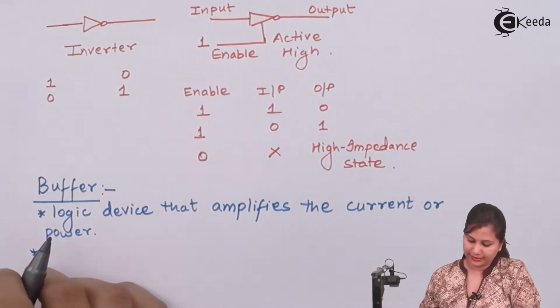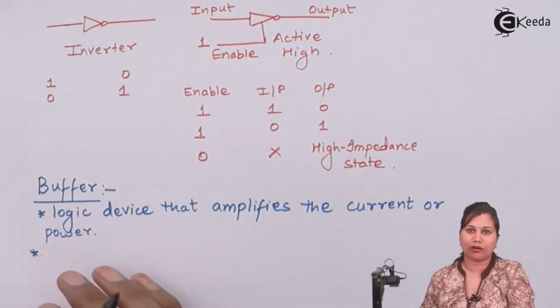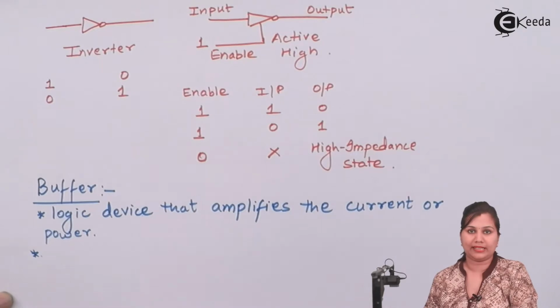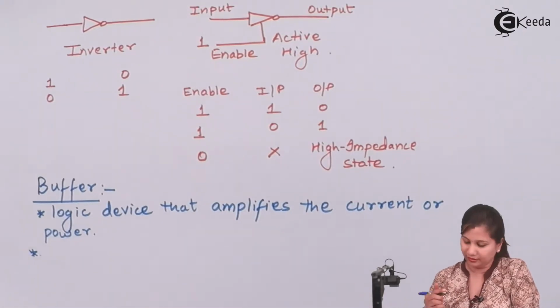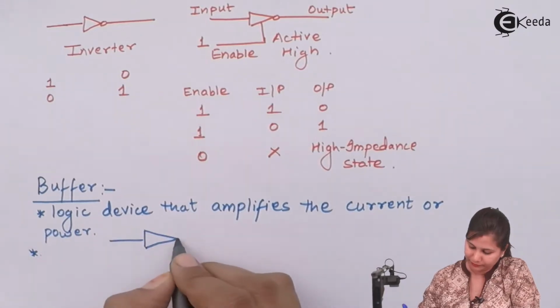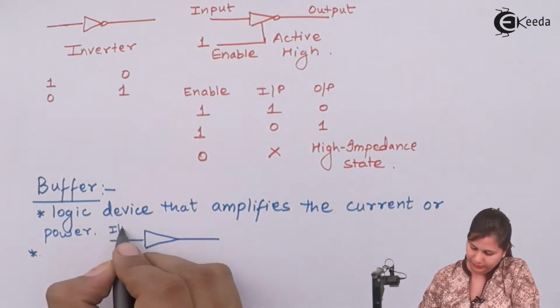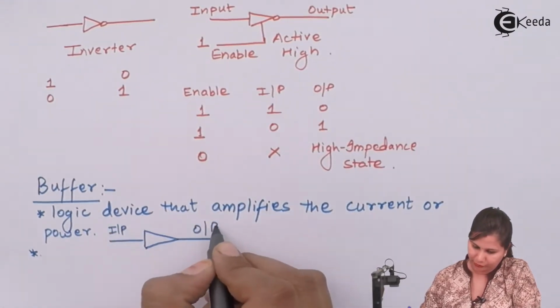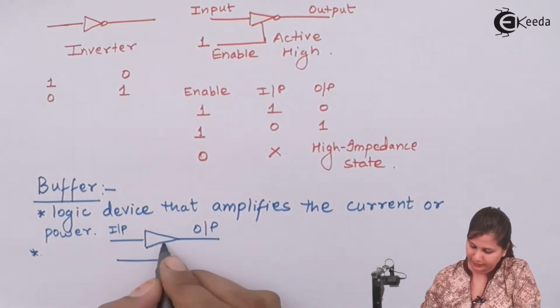The buffer has one input and one output, and one enable line, as we have seen earlier. This is the symbol for the buffer. This is the input, this is the output, and this is the enable line.